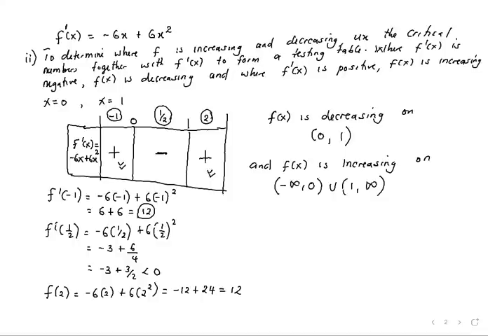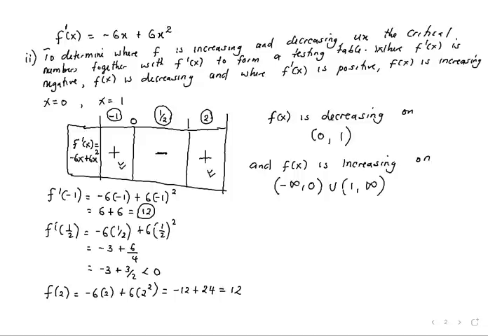Do I have any questions? When writing those things for f of x is decreasing on an interval, can you use the boxed brackets, or do you just have to use these two brackets?